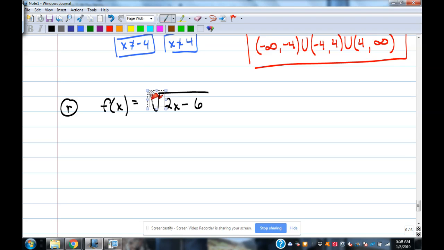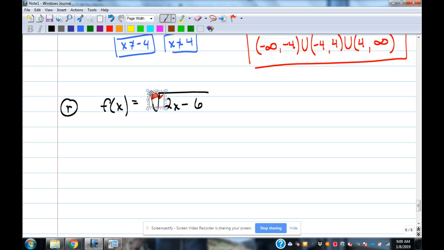Anytime it's a square root, it's a red flag. When we're taking square roots, what kind of numbers give us problems? Imaginary numbers. That comes from taking the square root of what kind? Negative. So we need what's underneath the square root to be 0 or bigger, right? We can't have negatives in there.